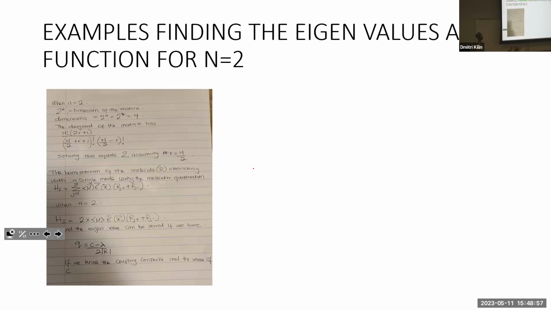From my very limited knowledge, I decided to start from the matrix block, since we have the dimension to be 2 raised to the power n, where n means how many molecules of two-level systems we have. Since n equals 2, our dimension is 4.